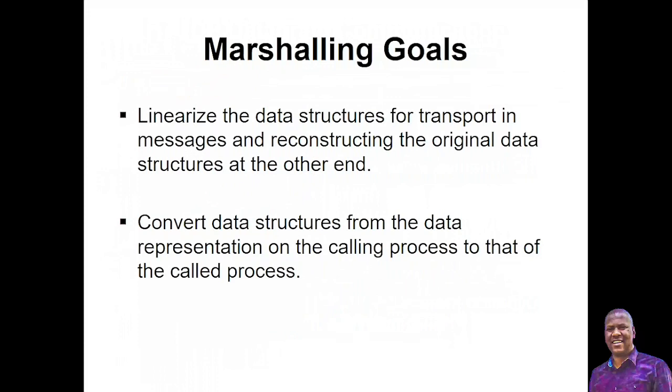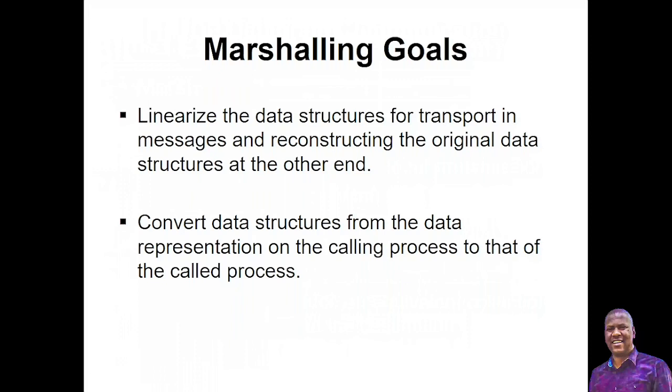So the goal of marshalling is to ensure that whatever was sent is actually received in its original format, right? And of course, the mechanism that the sending process used, like converting data structures, is the same mechanism that the receiving process is going to use.